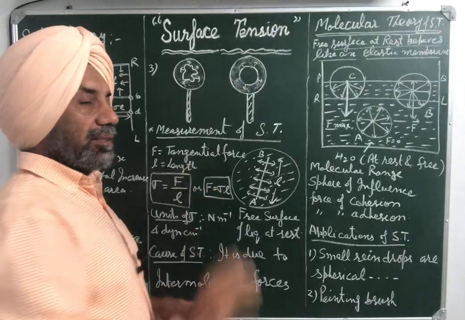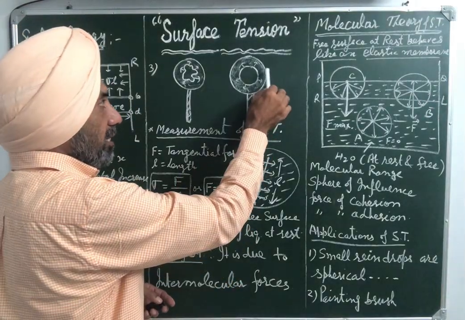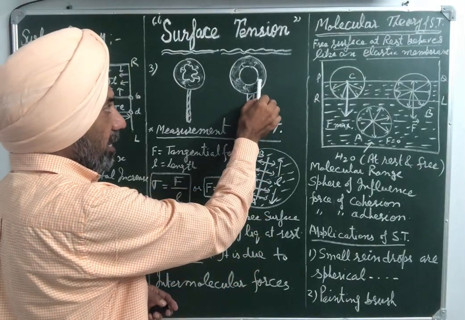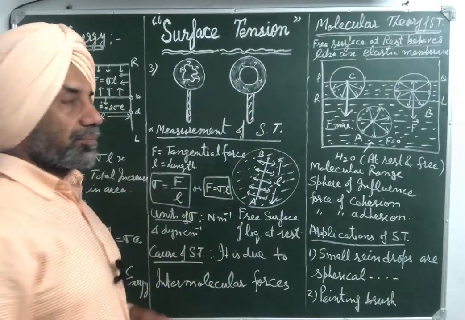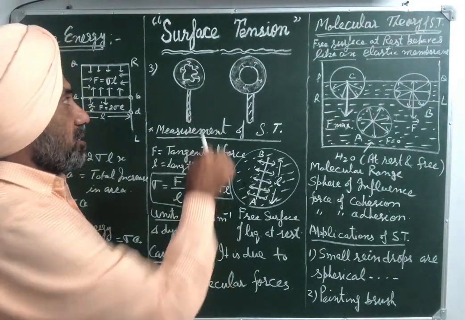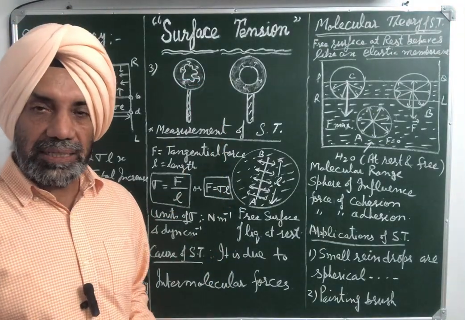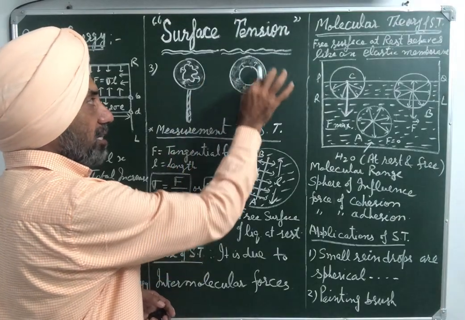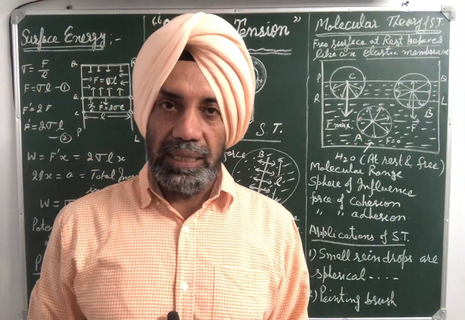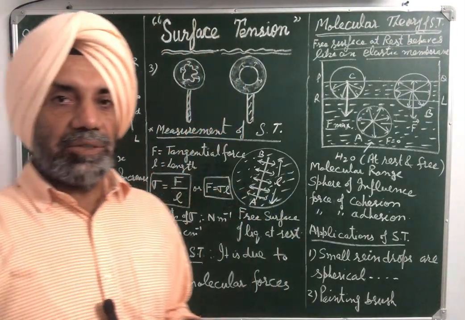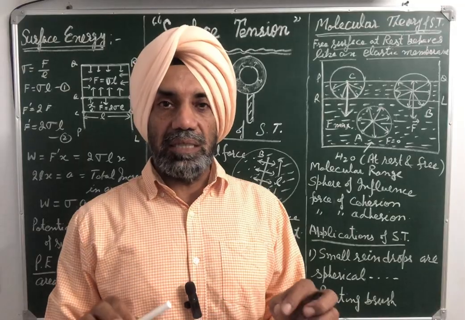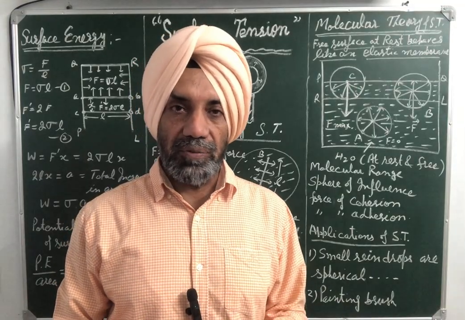This circular area is maximum because the film will tend to have minimum surface area. Force due to surface tension acts tangentially to the surface of the film. That is, the surface of the liquid which is free and at rest always tends to have minimum surface area. This is the main property of surface tension.